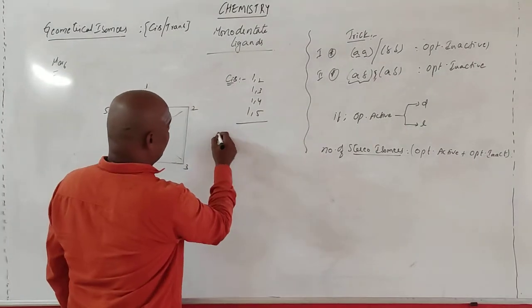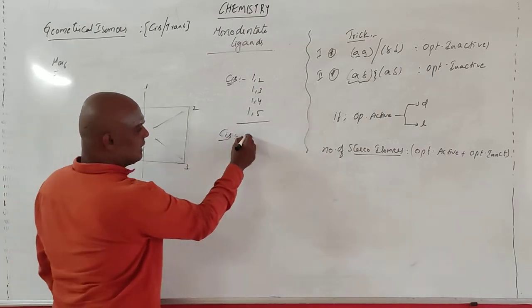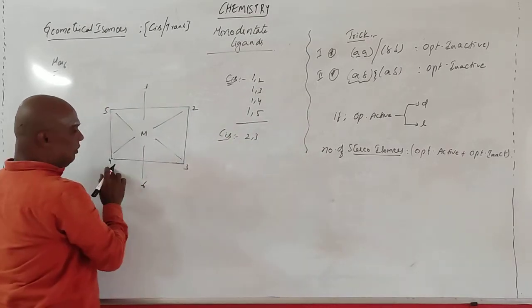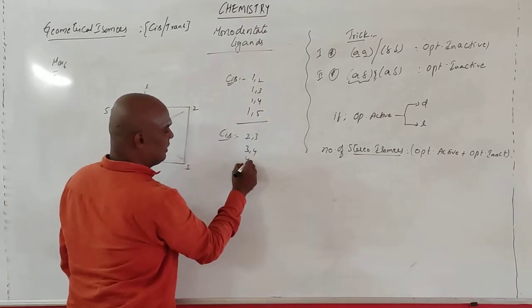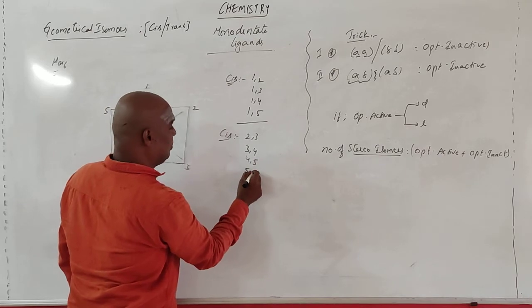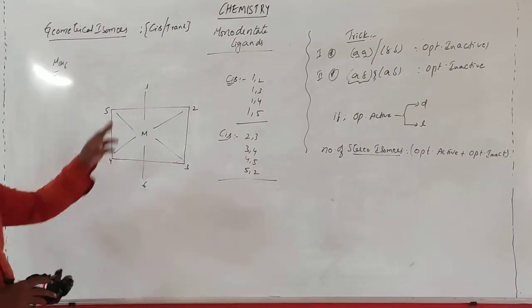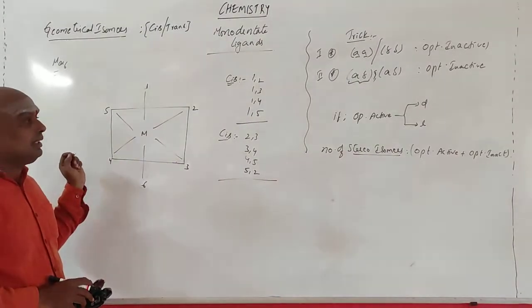Again 6 conditions: 2,3; 3,4; 4,5; 5,2. This is one set.